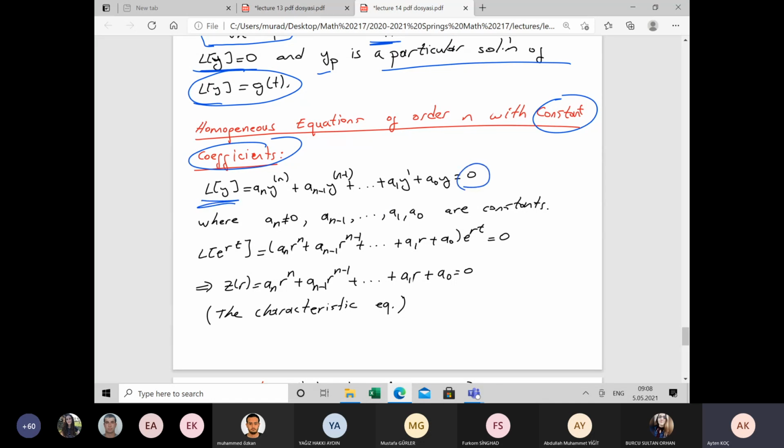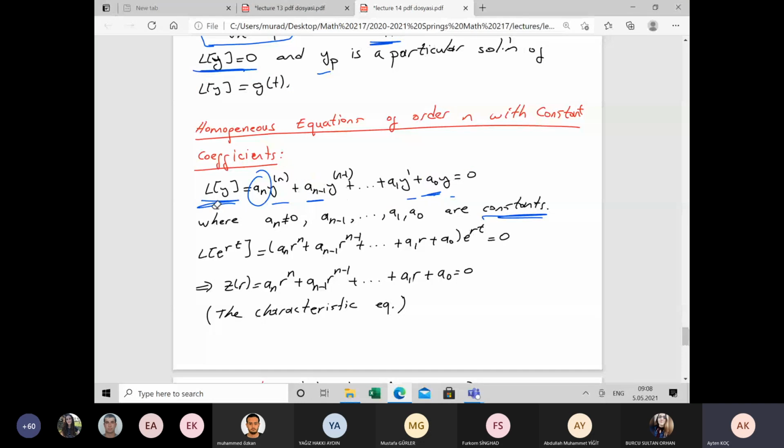It is a linear differential equation, and look at the coefficients of the derivatives and of y: a sub n minus 1 through a sub 0 are constants. So it is a homogeneous linear differential equation of order n with constant coefficients.